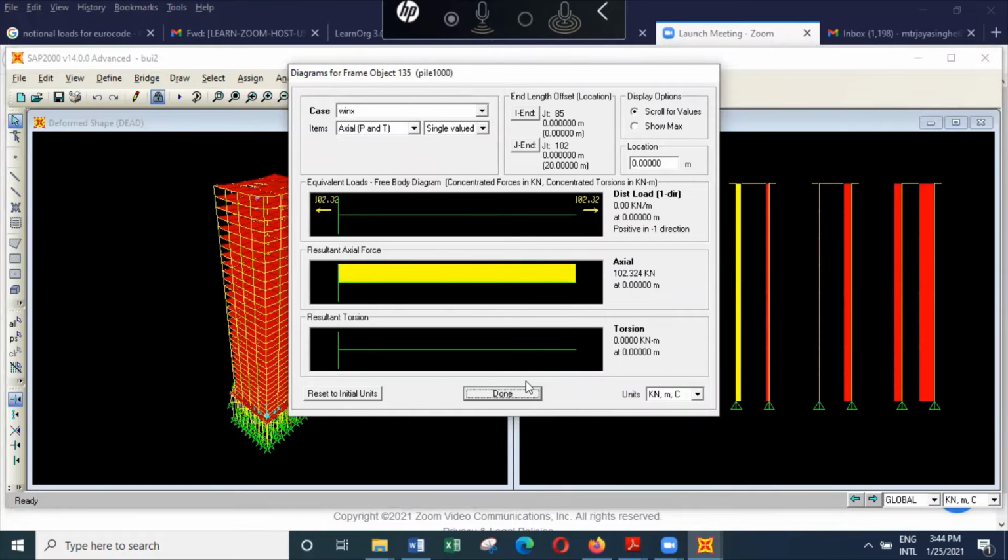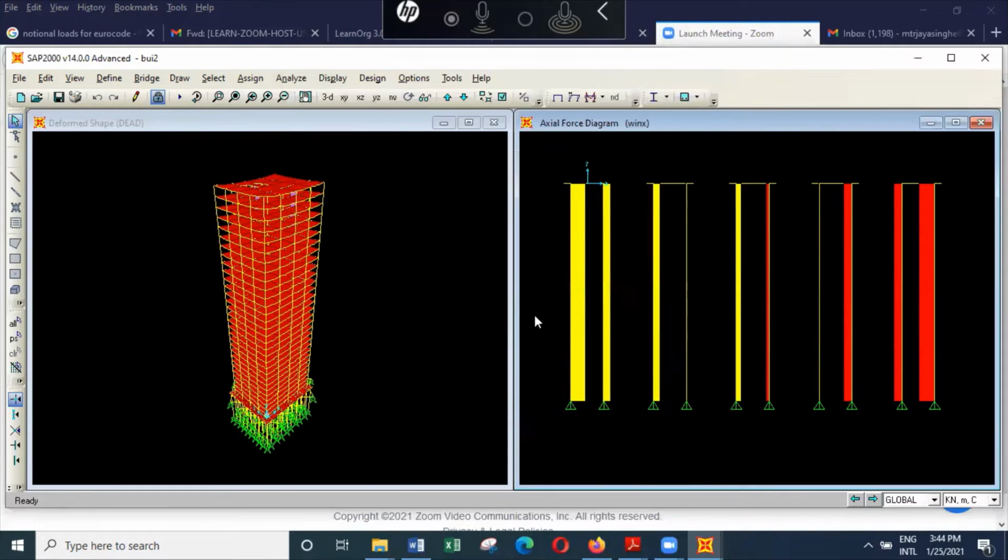So you can see now the axial load is taken by two behaviors. One is the cantilever behavior. That means all the wind is taken by the whole structure behaving as a cantilever.